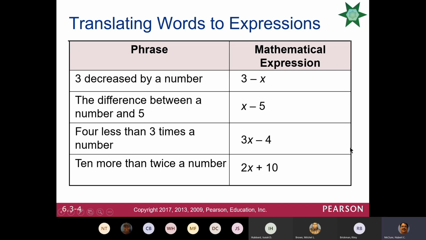I'll write that one down too for you. 4 less than 3 times a number. Let's go ahead and write those down, and then we'll go back and look over it.